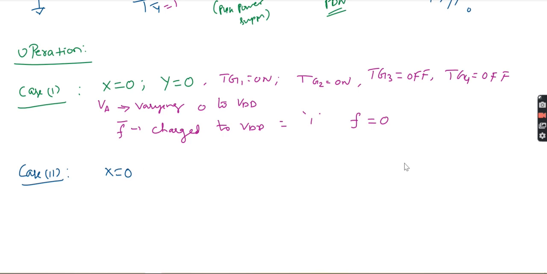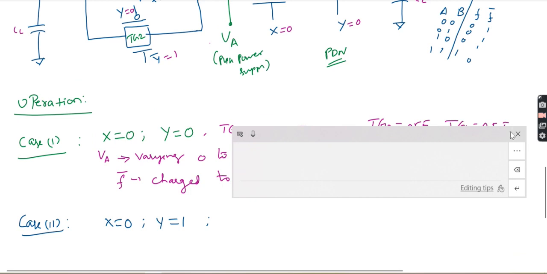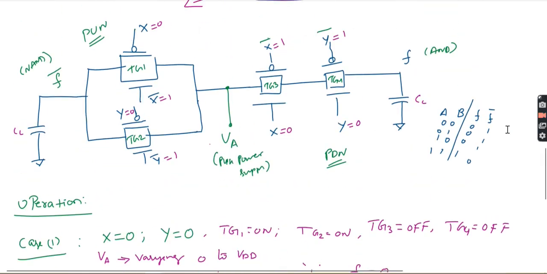Case 2, that is x equal to 0 and y equal to 1. Now what will happen? X equal to 0, y equal to 1. Since x is equal to 0, x bar will become 1.